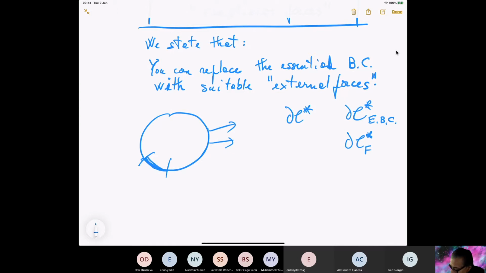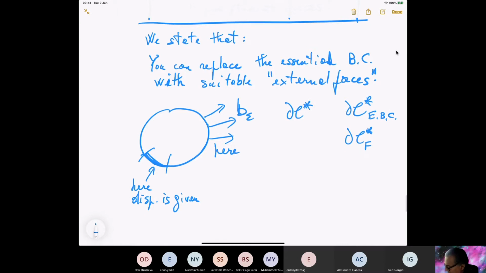Here displacement is given. Here you assign b sigma. Okay?